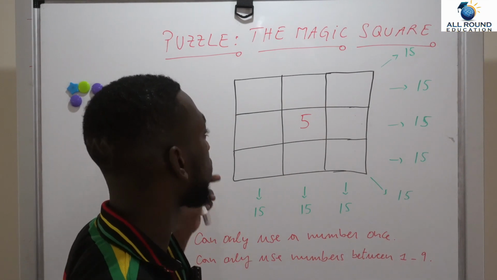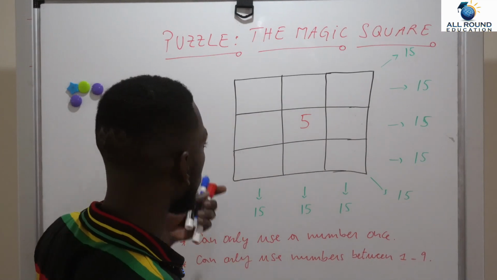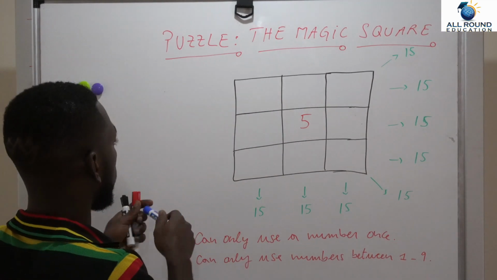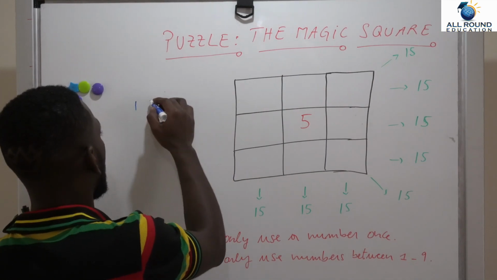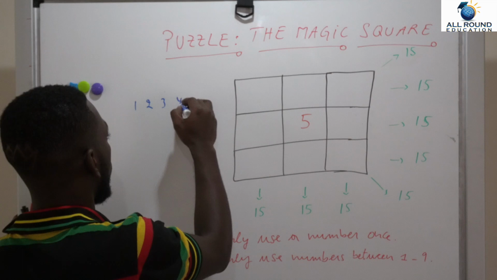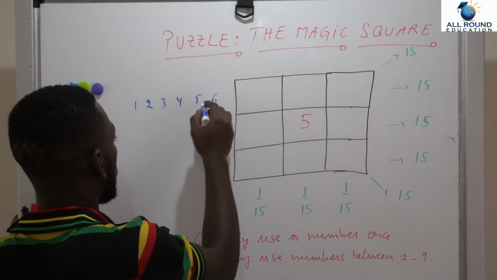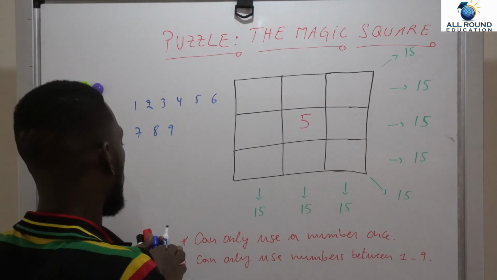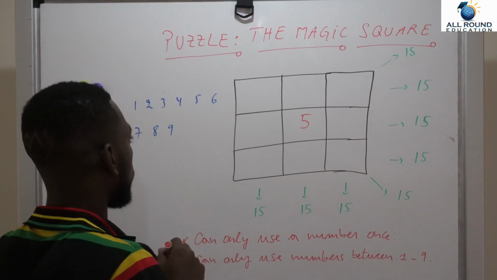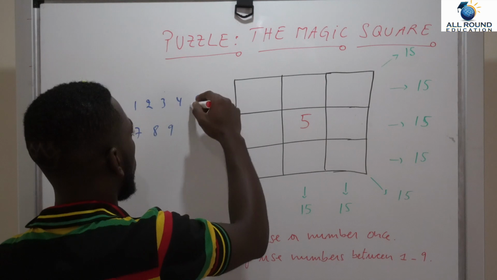We have numbers 1, 2, 3, 4, 5, 6, 7, 8, 9. So now we have 5, so 5 is out.